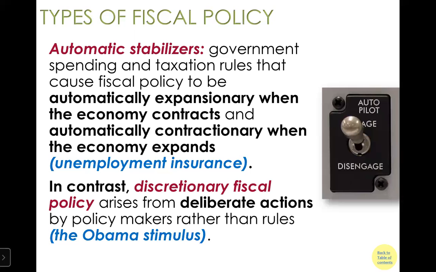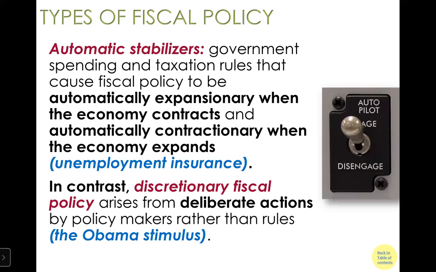In contrast, there are discretionary fiscal policy actions. These arise from deliberate actions by policymakers. Examples: the Obama stimulus, which came after the financial crisis, or in President Trump's administration, the tax cut.